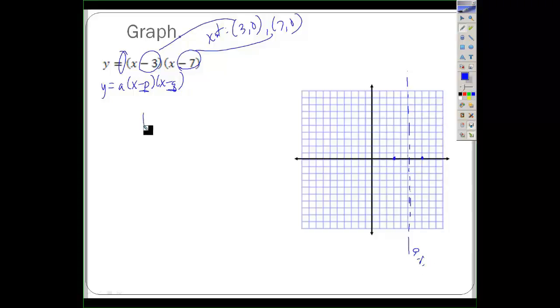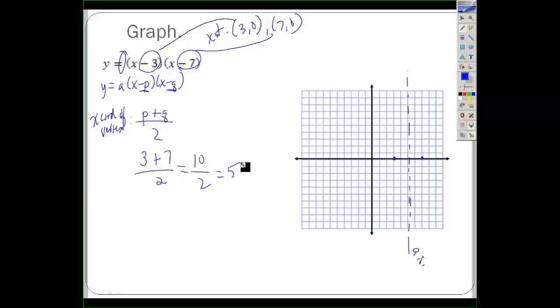So what you can do is you can take P plus Q divided by 2. And this is the x coordinate of the vertex again. Okay, so I can take 3 plus 7 and divide it by 2. That's 10 divided by 2, which is 5.